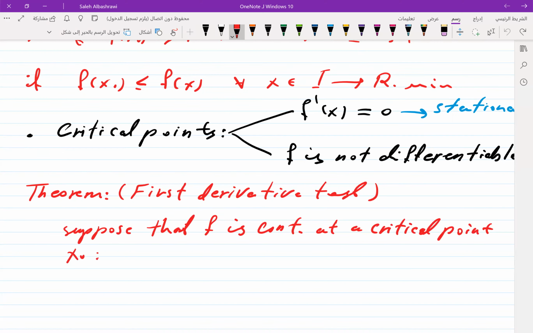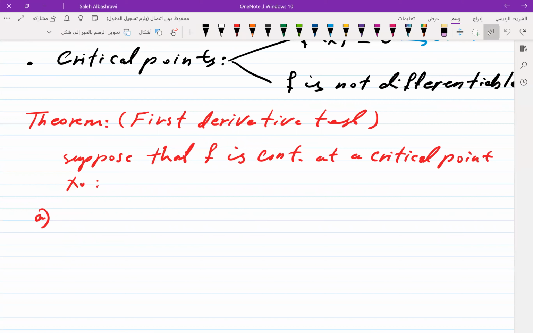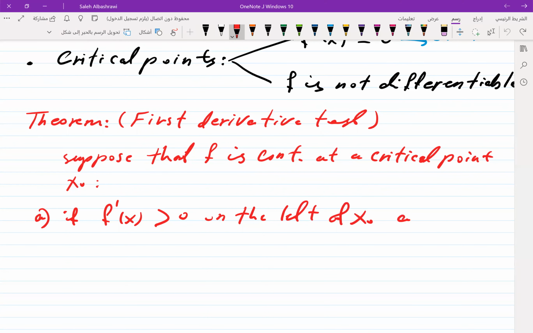Then, number 1 or A, f prime of x is greater than 0 on the left of x0 and less than 0 on the right.